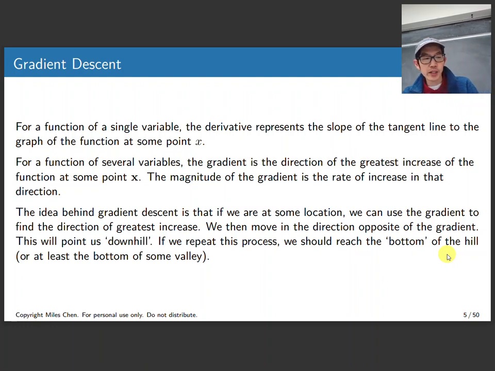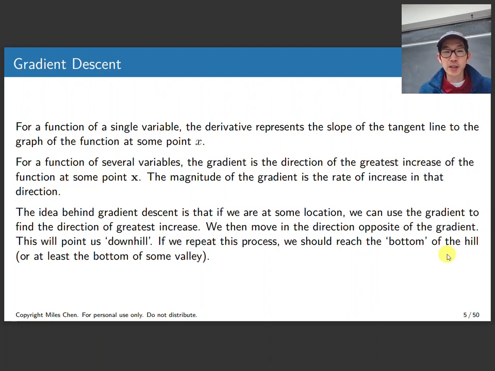The idea for gradient descent is that if we are located at some place, we use the gradient. The gradient points in the direction of greatest increase, so it always points uphill. All we do is move opposite of that direction. If that's uphill, I'm going to take a step backwards from uphill, which means I'm going downhill.